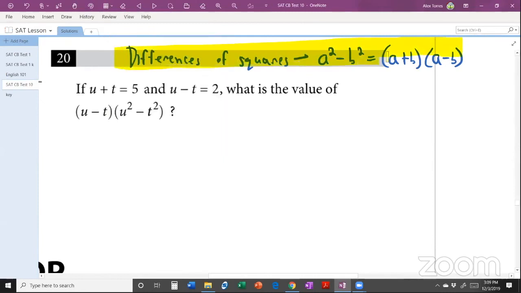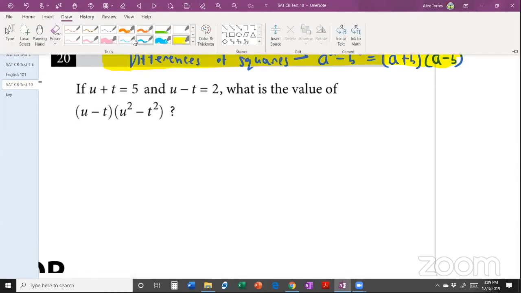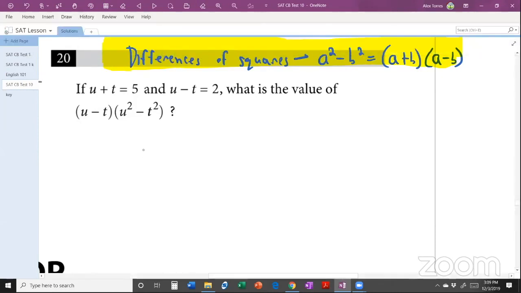And if we're applying that to this problem, super easy when you know what the problem was intending for you. We'll have u minus t times u squared minus t squared, which factors to u plus t times u minus t.